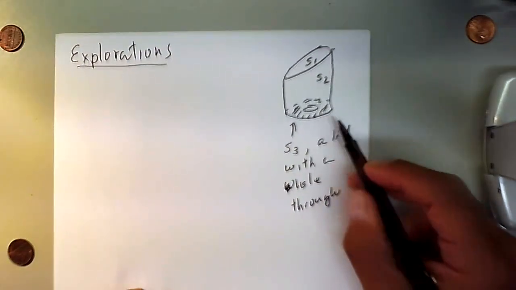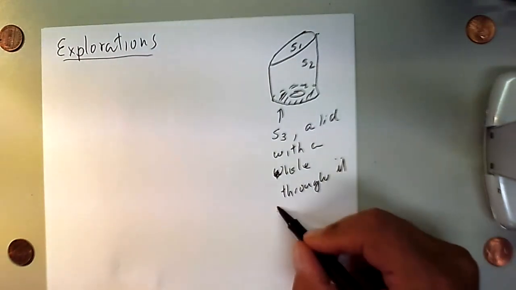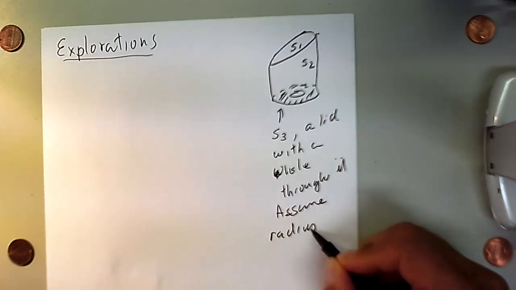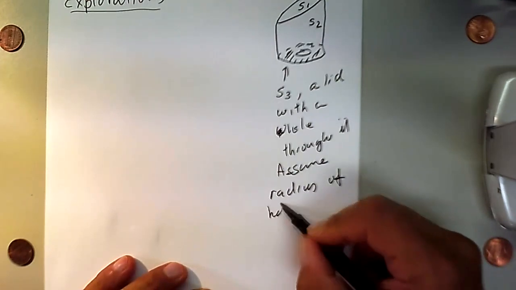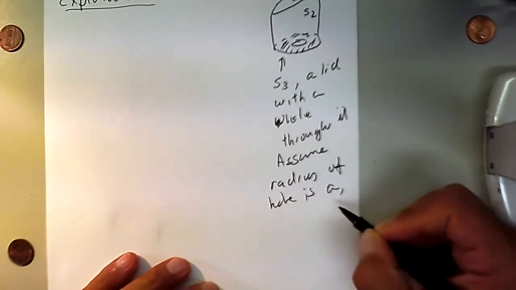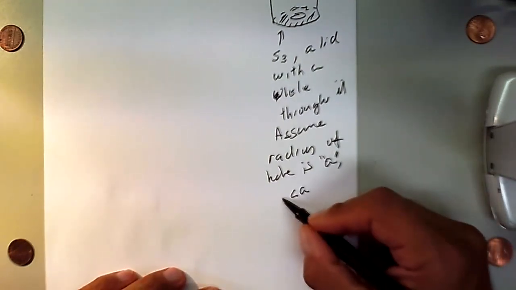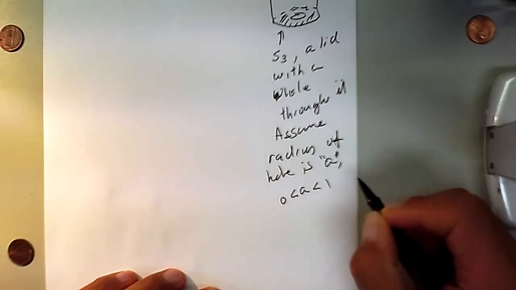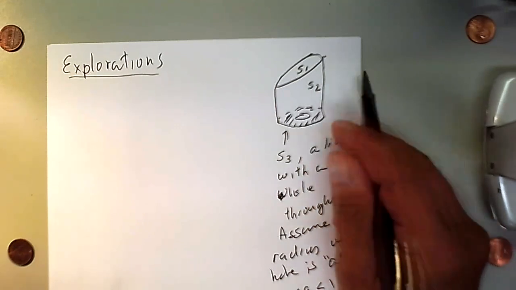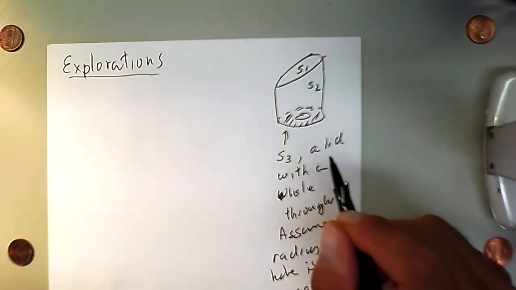And let's assume that the radius of the hole is A. So A is a constant, and we're going to assume that A is between 0 and 1. Of course, the radius of the entire cylinder is 1, so the radius of the hole has to be smaller than 1, otherwise it wouldn't be a hole.